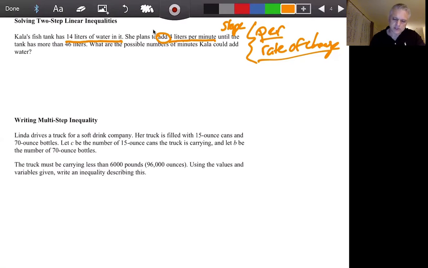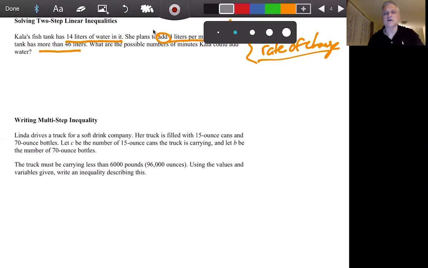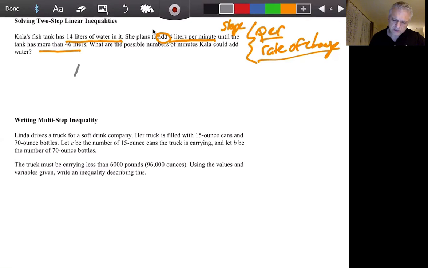Now it says until the tank has more than 46 liters. So let's make an inequality about this. So we start with 14 liters, and then we're adding 4 liters per minute.